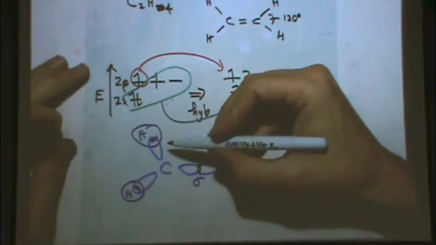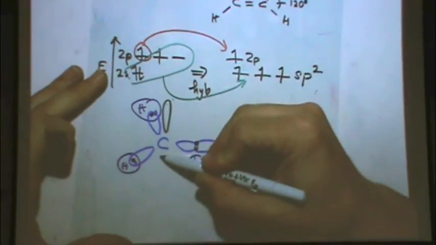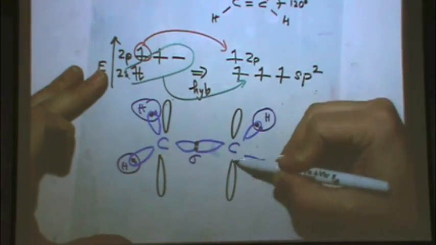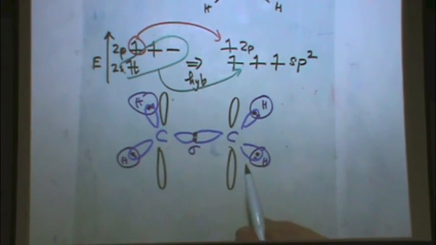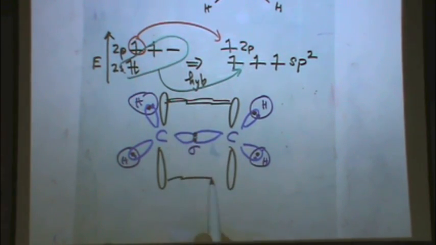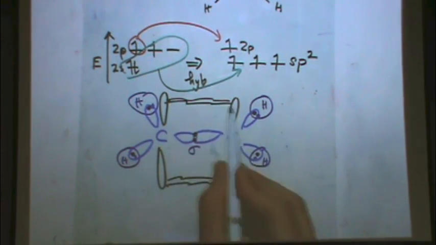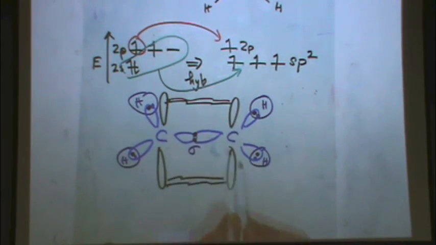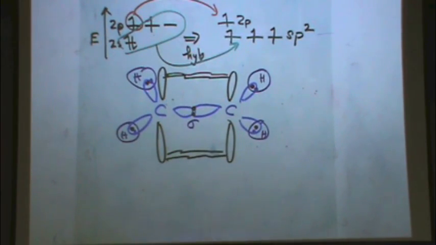It forms a perpendicular. Each one of these has a perpendicular 2p orbital. And I've drawn this really expanded out. These would actually be overlapping and touching. So these are touching. What kind of bonds do these two p orbitals form? What kind of bond is that?